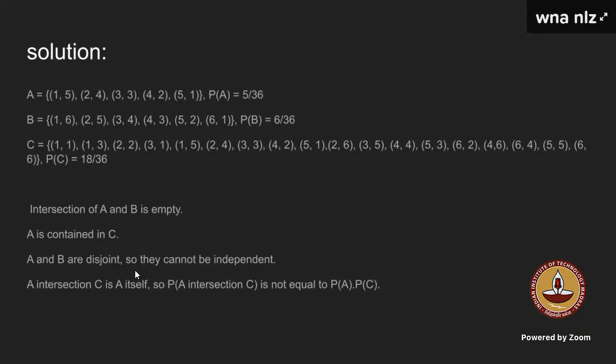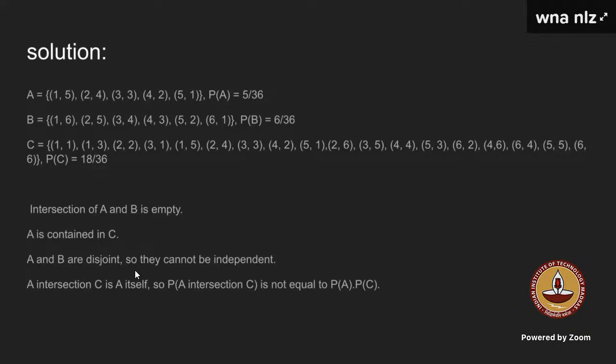Hello, am I audible? Yes, sir, you're audible. Okay, so you have not covered week 7 yet? I have covered it, but I haven't understood this term, how two events are independent. Can you tell me in short?